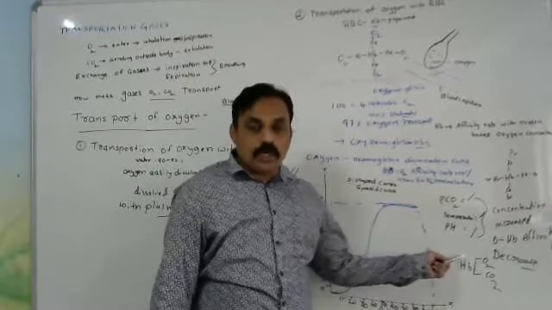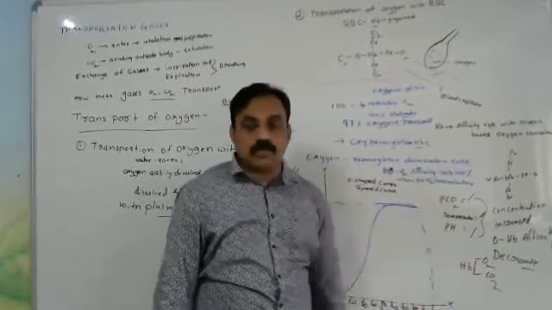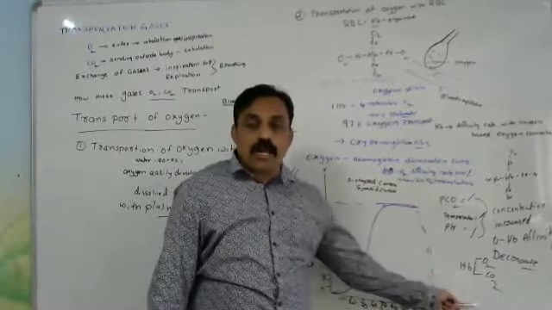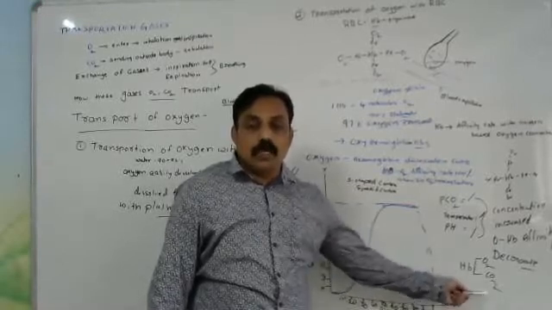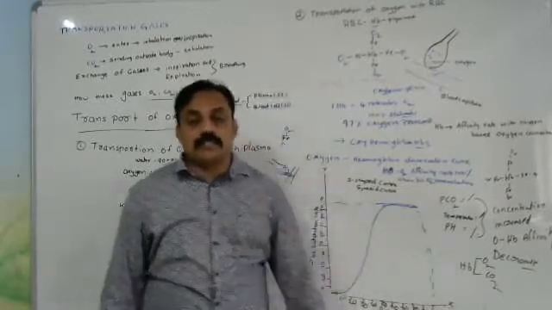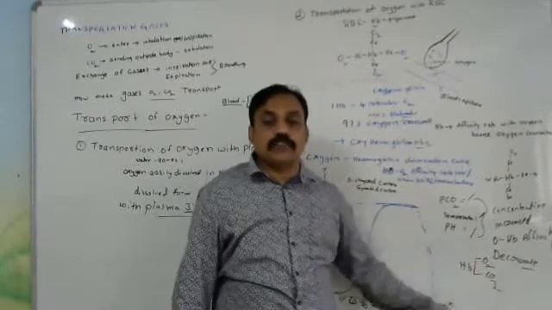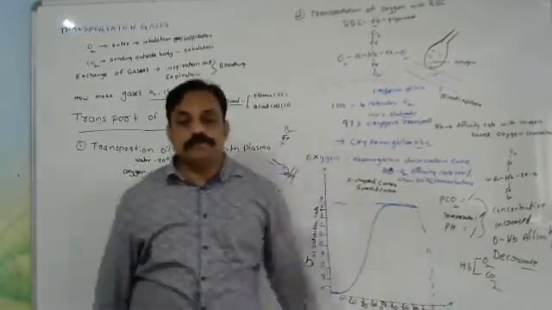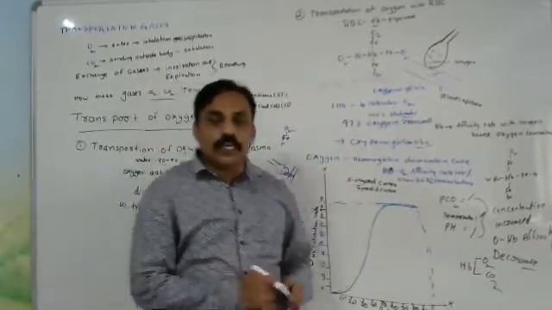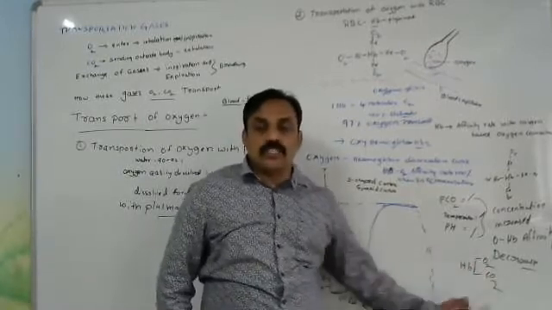For example, if oxygen concentration is more in blood, hemoglobin is binding with oxygen. If carbon dioxide concentration is more in blood, hemoglobin is binding with carbon dioxide. So the affinity rate and saturation rate of hemoglobin is based on the concentration of oxygen and carbon dioxide.